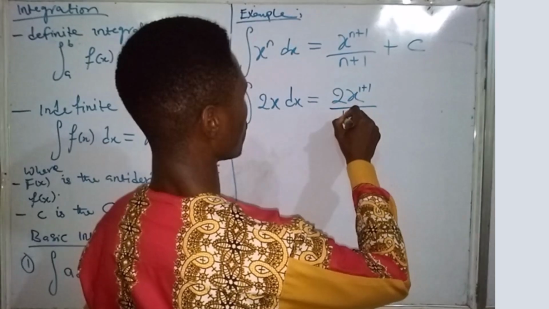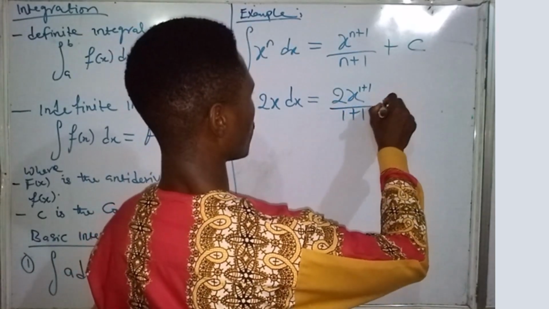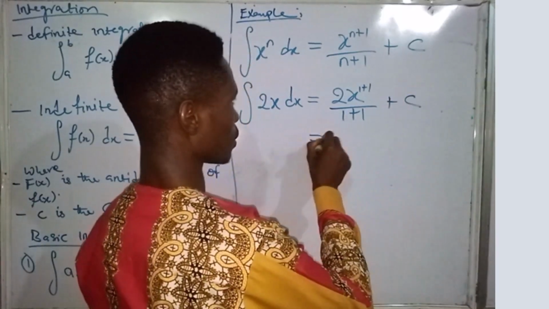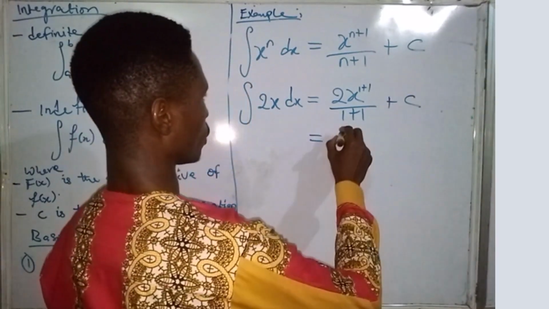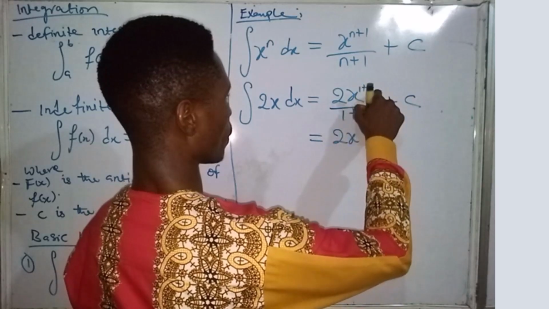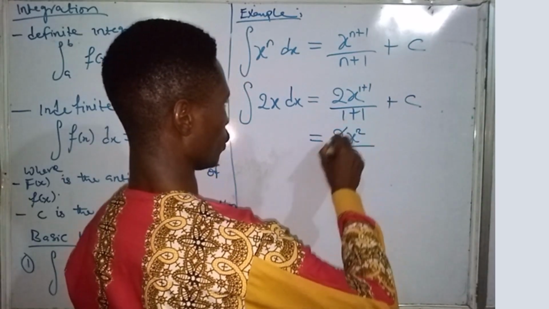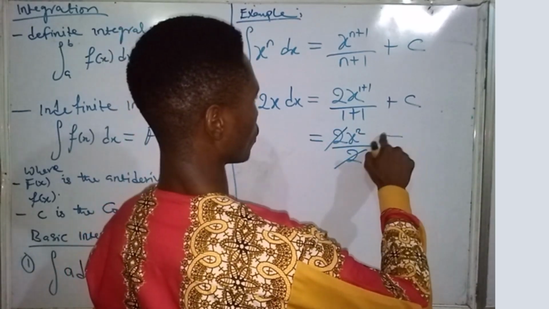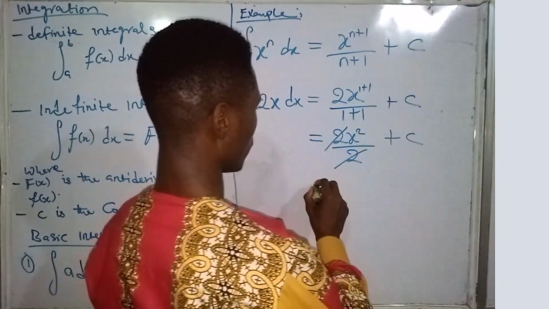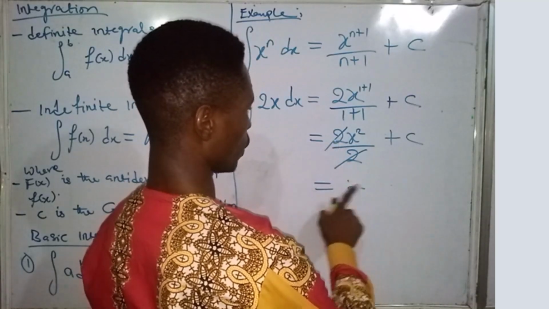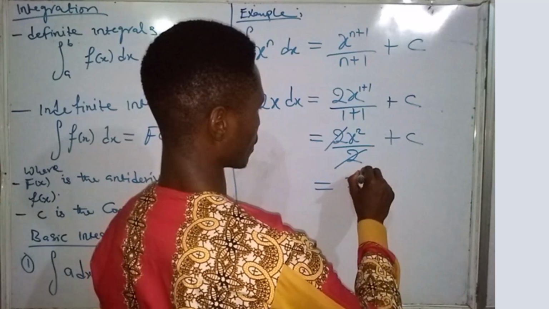So we'll be dividing this with 1 plus 1, plus c. So this should be equal to 2x, 1 plus 1 is 2, all over 2. So these 2 cancel out, plus c. So this should give us x squared.